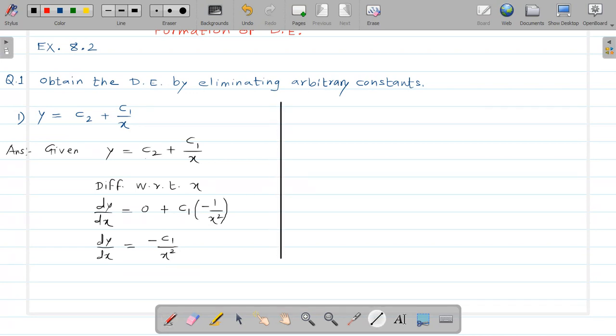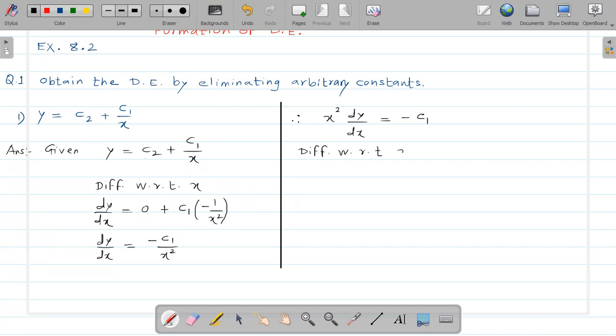Now to remove the c1 constant, again we have to differentiate this with respect to x, but we will modify this first order derivative as x square into dy by dx is equal to minus c1, and minus c1 becomes a single constant. So if we differentiate after this step, then c1 also will be removed.